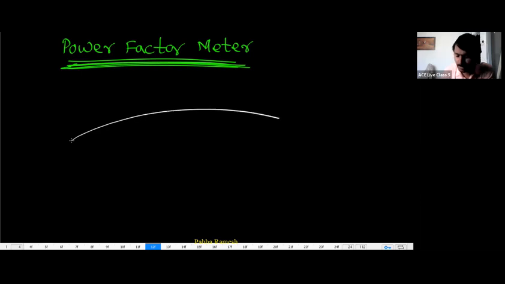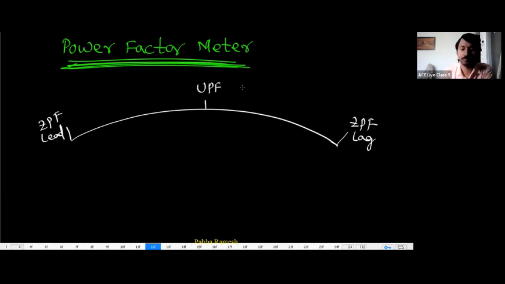This will be the power factor meter scale. Generally, power factor will be varied from 0 power factor lagging to 0 power factor leading. So here I'm taking ZPF leading, here ZPF lagging, and here, center UPF.